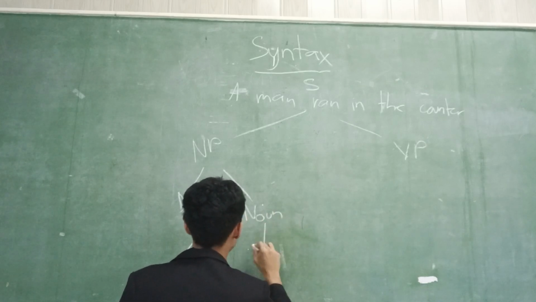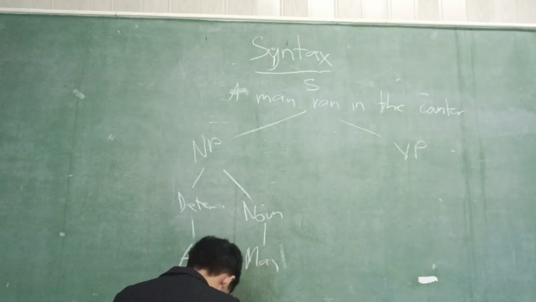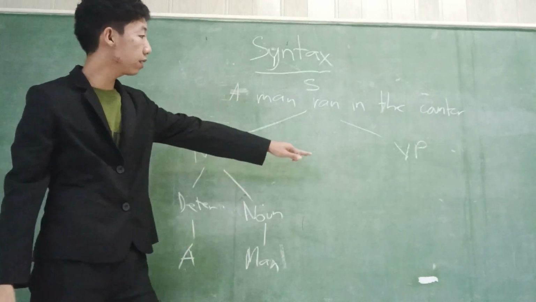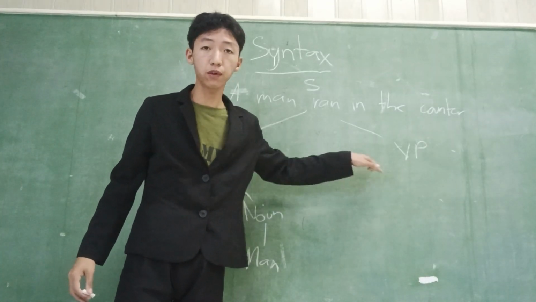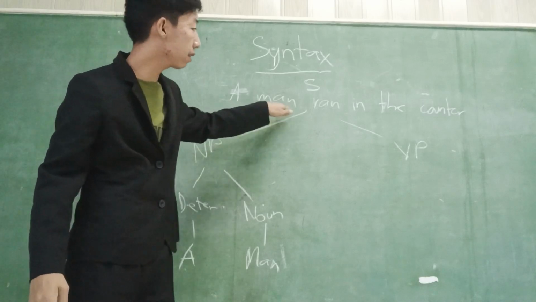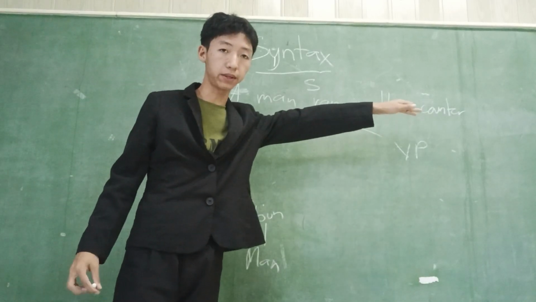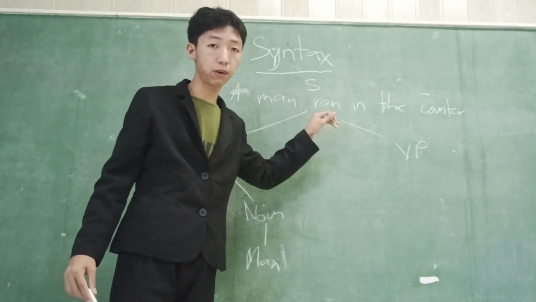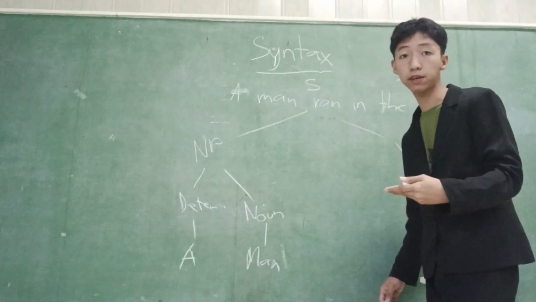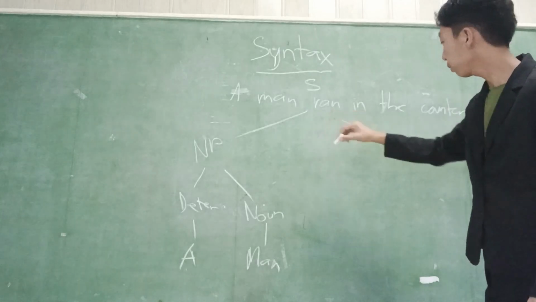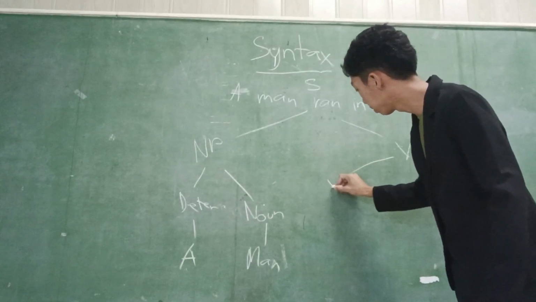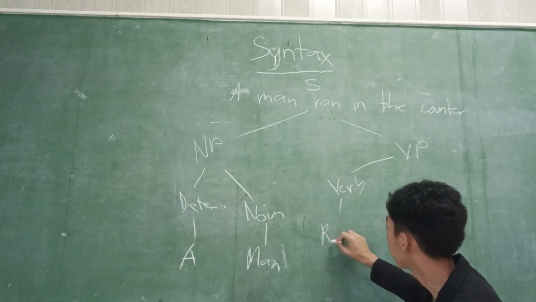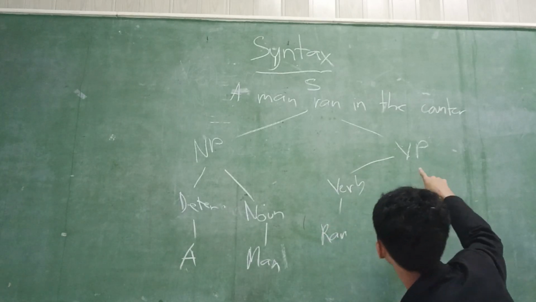Now, take note that the verb phrase always starts with the verb. So we have here a man ran in the counter. We're going to start with ran. Ran is already part of the verb phrase, and it's usually the starting point. So ran, we have the verb. Then, in.